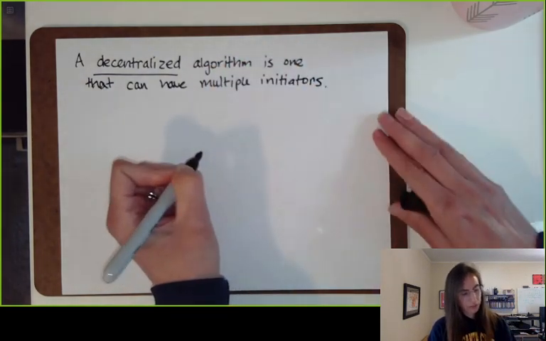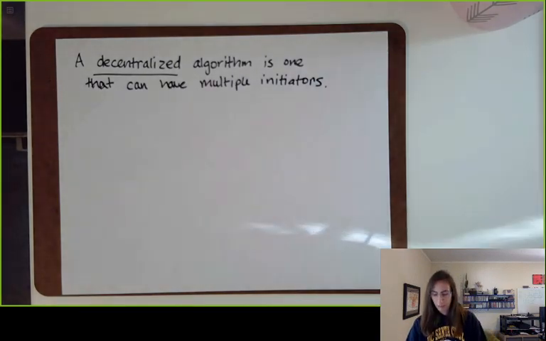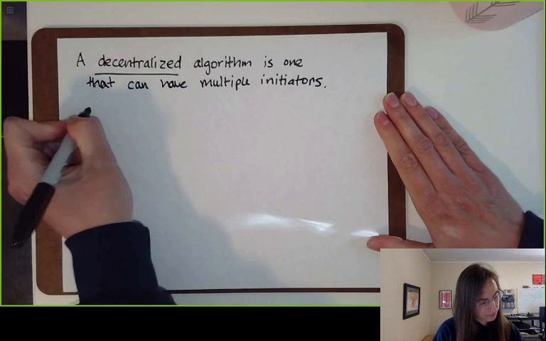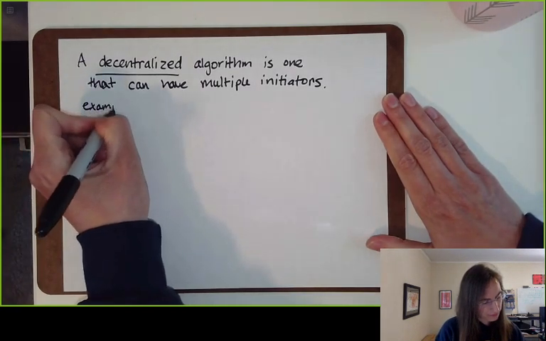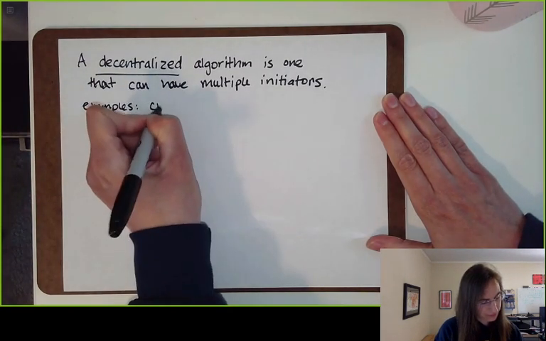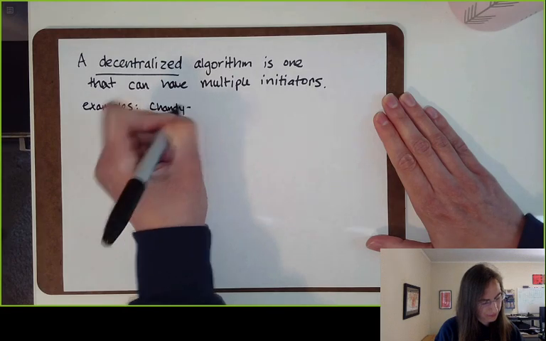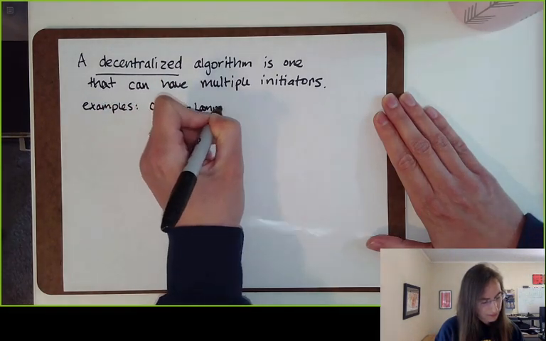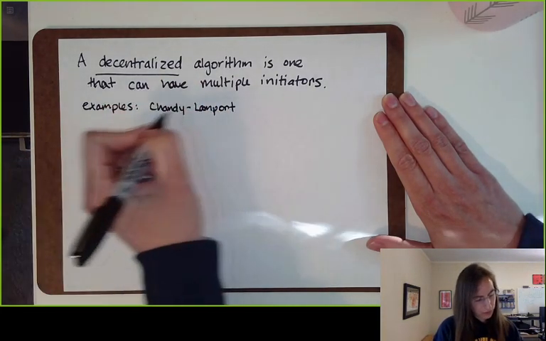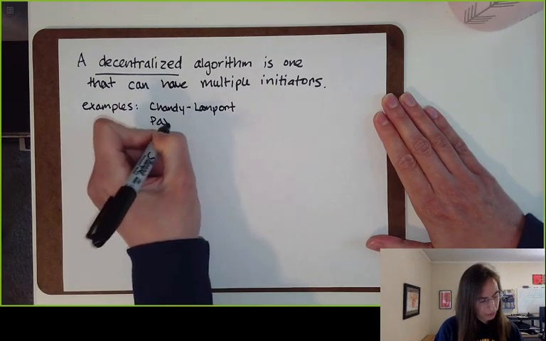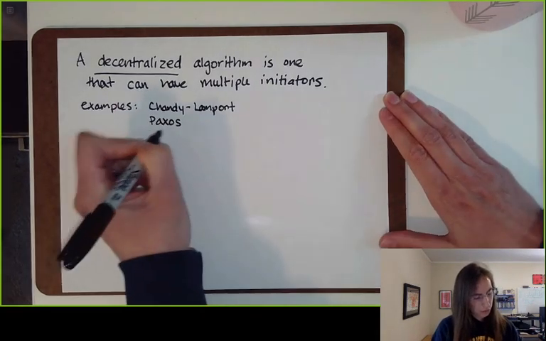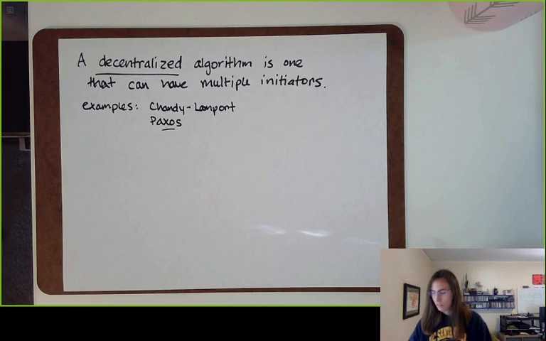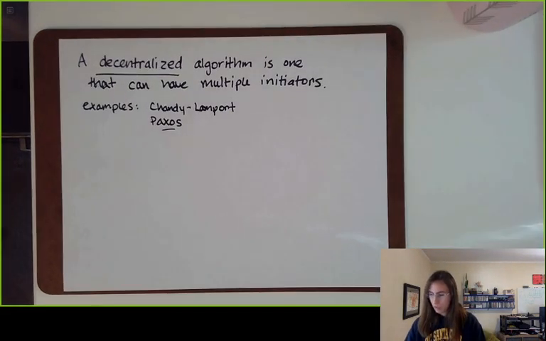We're going to look at a couple examples of decentralized algorithms in this class. So Chandy-Lamport is our first example. And another different example that we're going to talk about later in the course is Paxos, which we haven't talked about at all yet, but we'll get to that in the second half of the course.